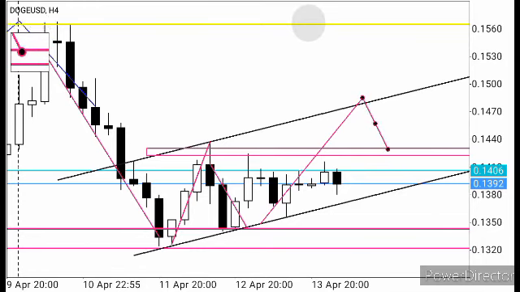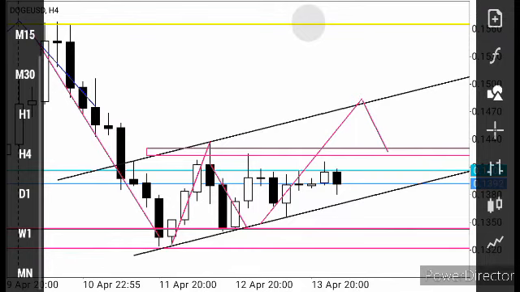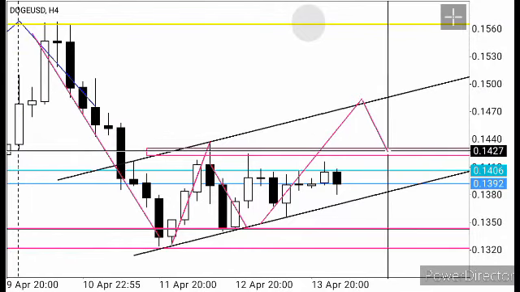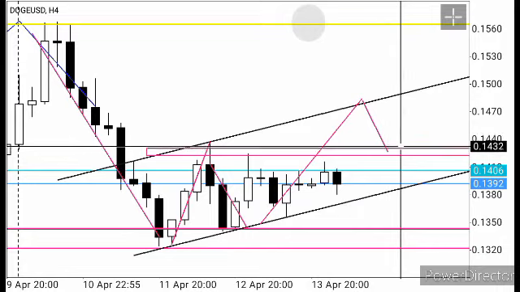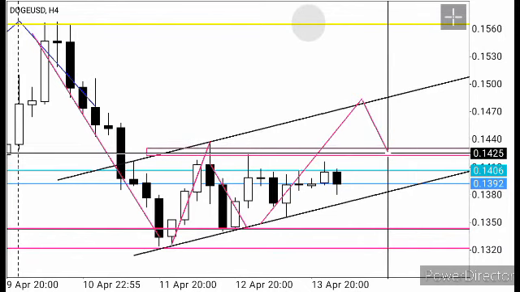In this manner. Here I would then wait for a reversal candlestick, such as a pin bar, or any candle that closes as a bullish candle, and then I would enter my trade.